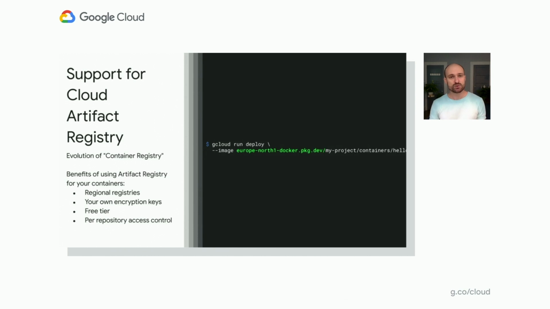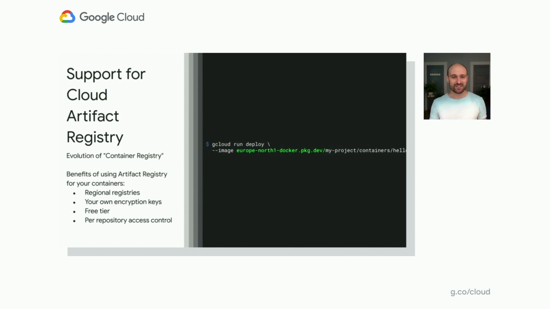You can even use your own encryption keys to encrypt those containers in the registry. Cloud Artifact Registry has a free tier, which is always good, and you can have per repository access control using Cloud IAM. So in the example on the right, what I'm doing is deploying to Cloud Run from Artifact Registry, where my registry is actually from Europe North 1, a very specific region in Europe.